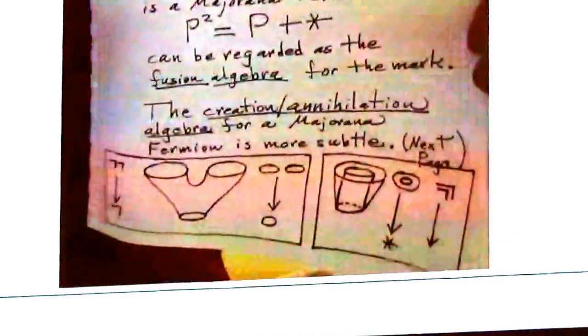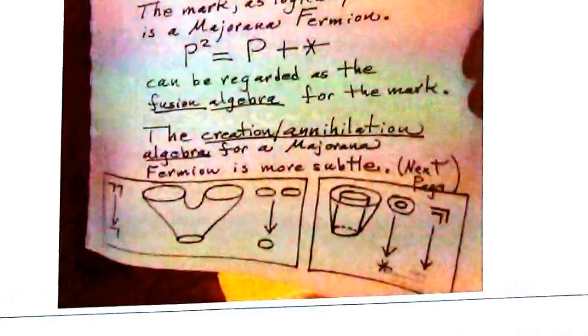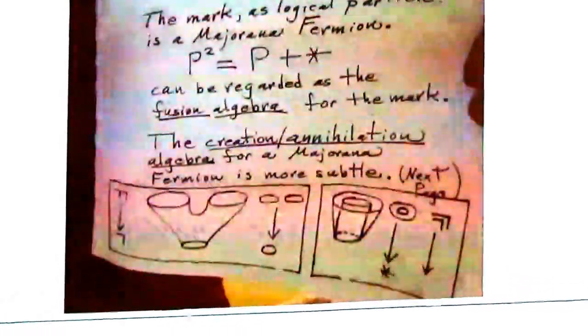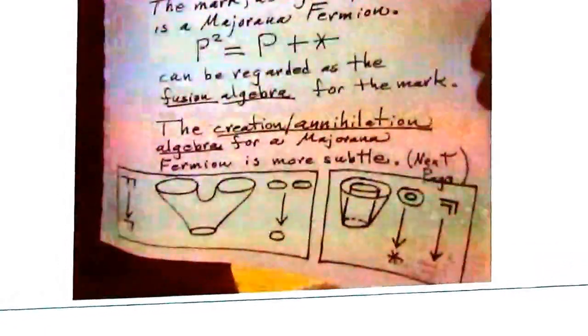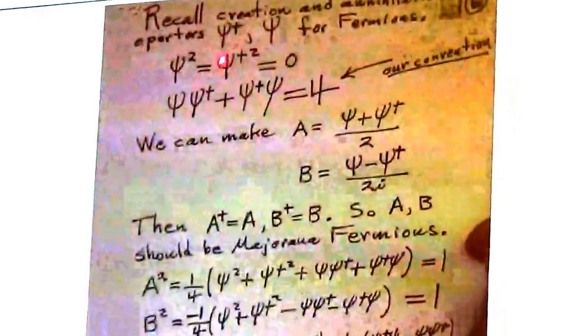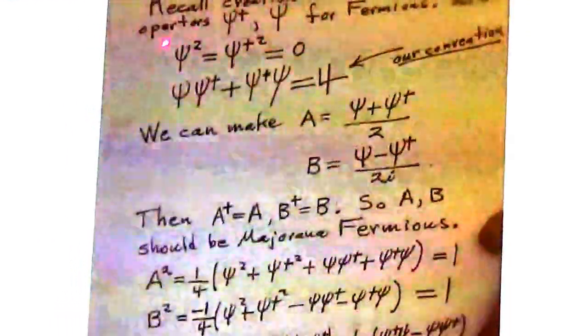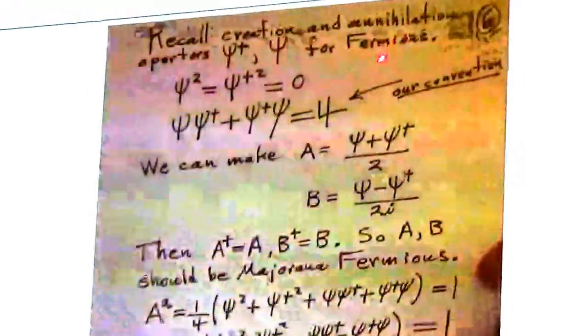So if you like the geometric form, concentric or adjacent circles becomes the same as the Spencer-Brown or Peirce kind of calculus. Now I want to recall something about physical algebra. Recall the creation and annihilation operators for fermions.